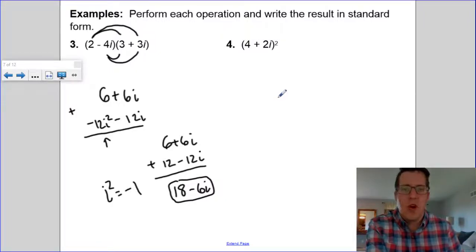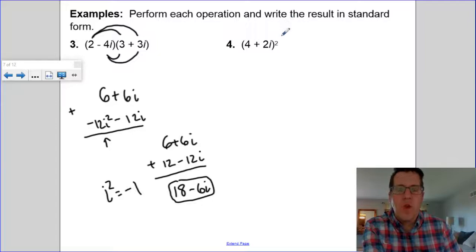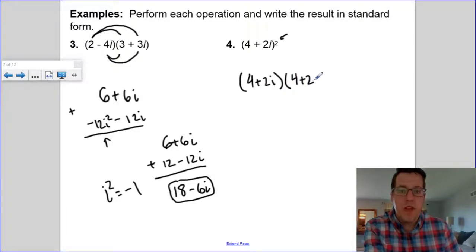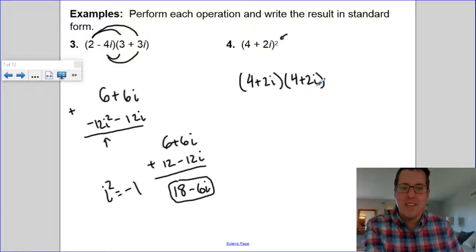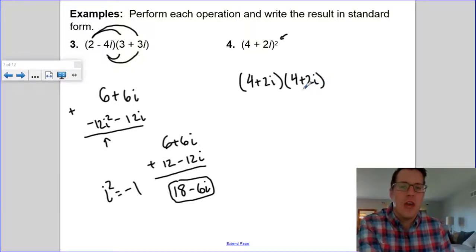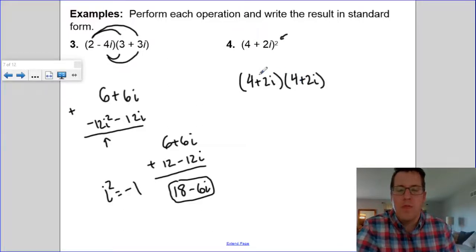For our next problem, we need to remember that when we are squaring a thing, that means multiplying it by itself. And while there are shortcuts to squaring things, perhaps our best option, if we don't know those shortcuts yet, is to write it out as two binomials here.